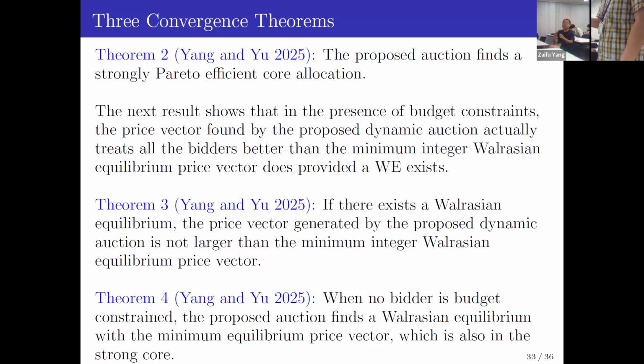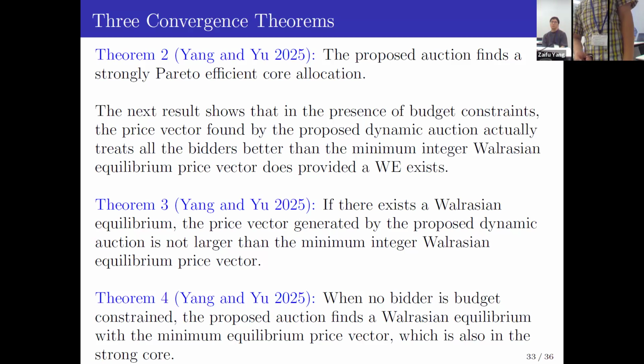So in the general model, the core always exists. And also, if no bidders are budget constrained, then we can find a strong core allocation.